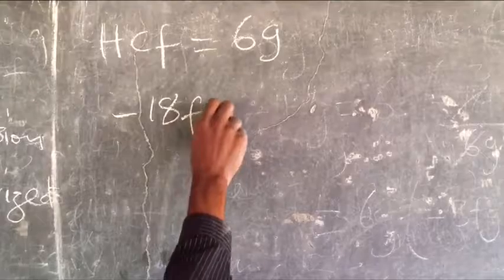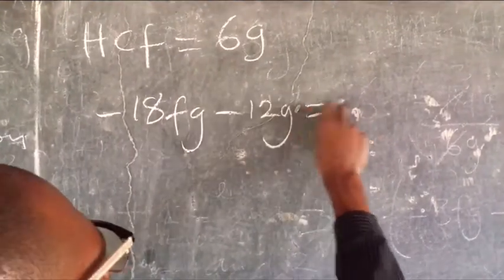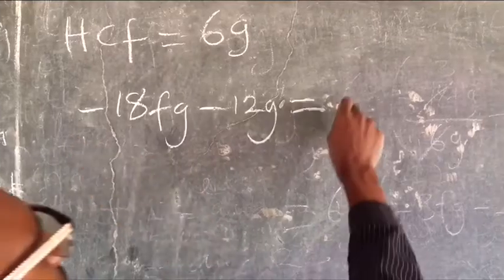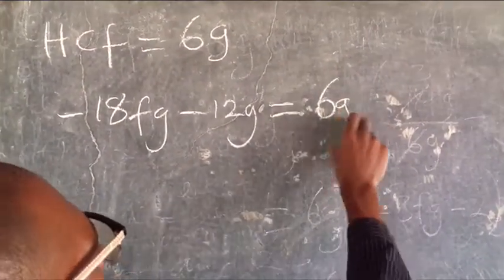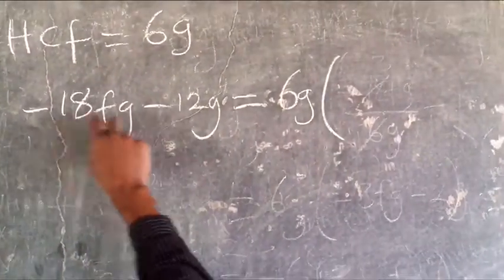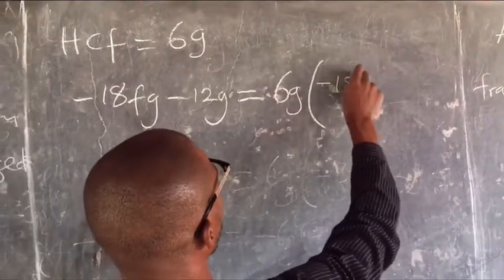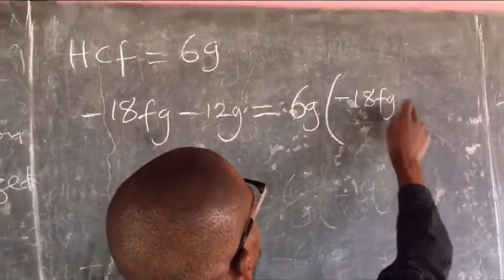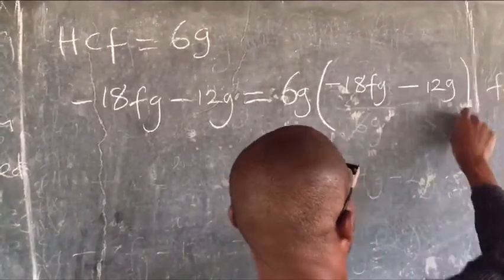Now, to factorize this binomial expression like this, we go multiply the HCF with this expression like this, fg minus 12g, like this.